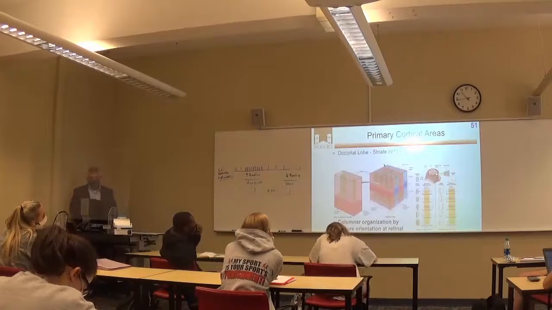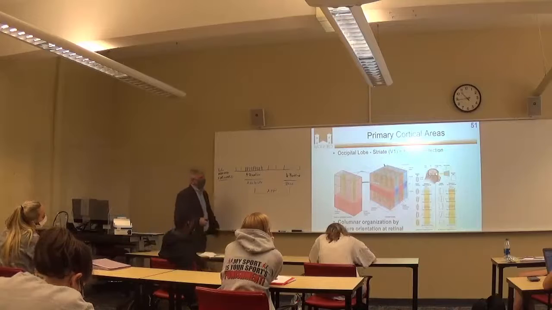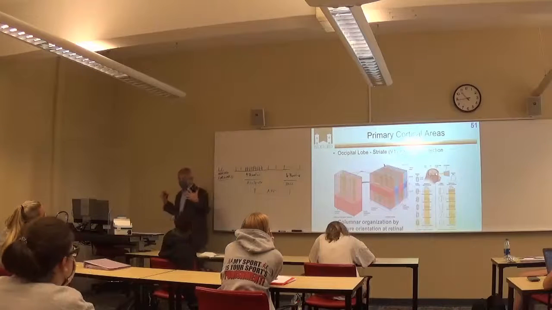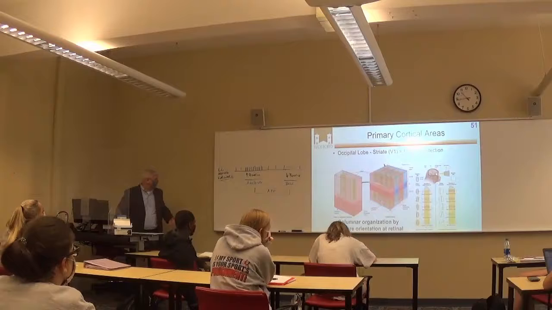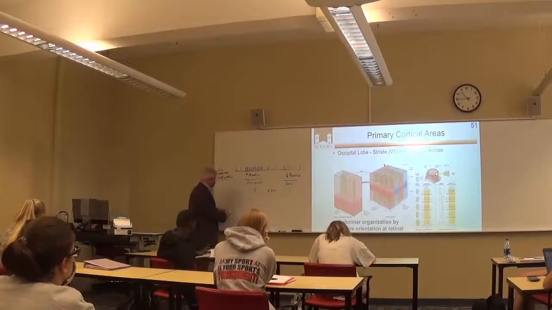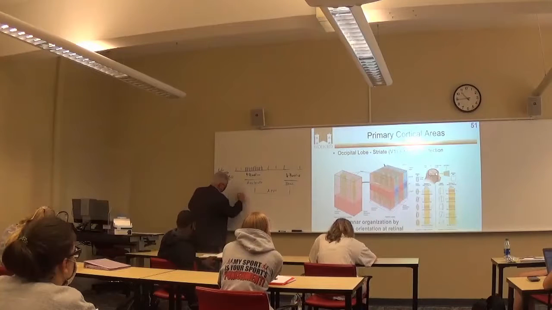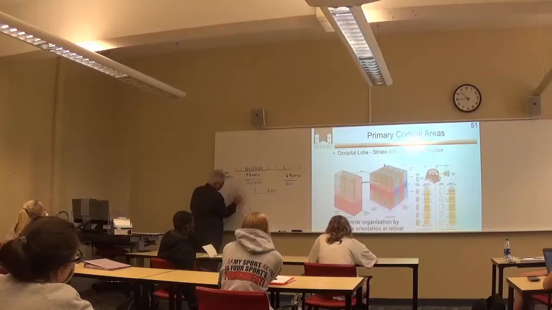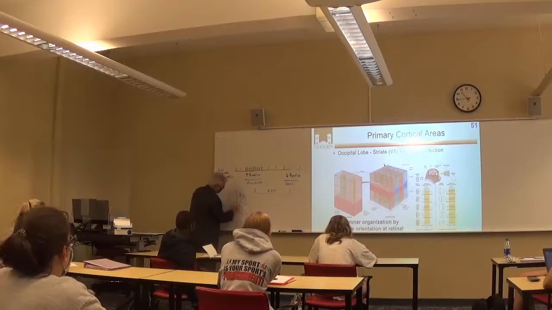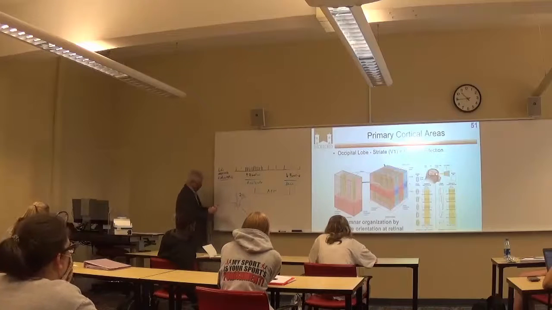All right, so V1 is organized. Remember, how much of the brain is for visual processing? We have all of this area as vision, and then remember we said there's action going up here, and we have identification going down here.